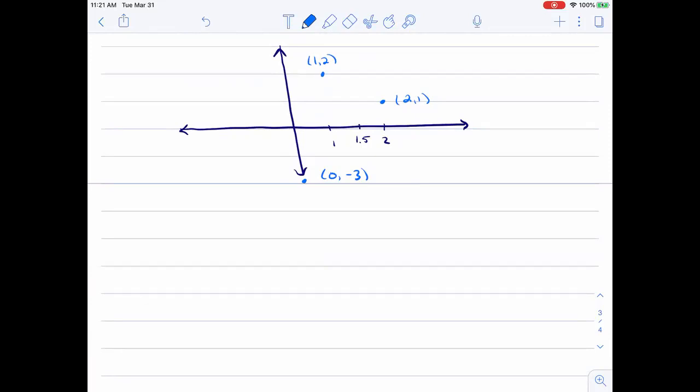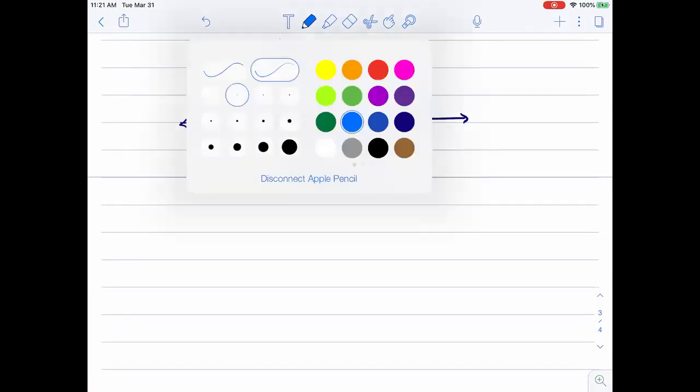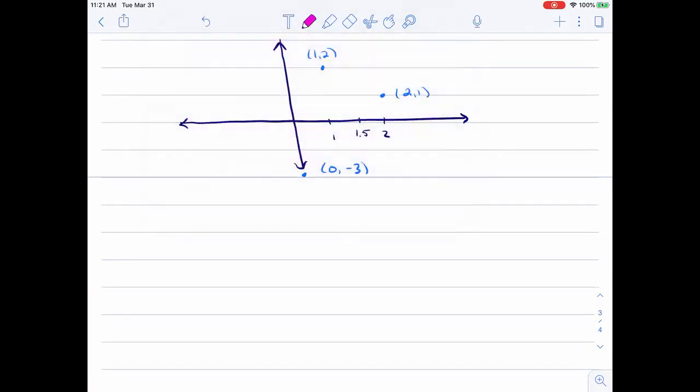So kind of scooching it. Then at 1.5, I know I've got an inflection point. I know I'm going to go from concave down to concave up, which makes sense if I'm going from a maximum to a minimum.